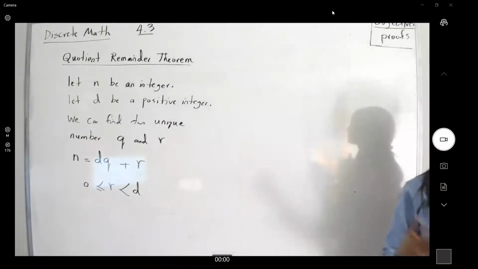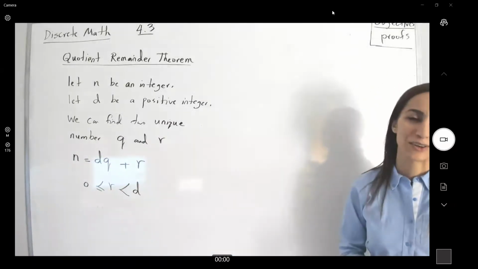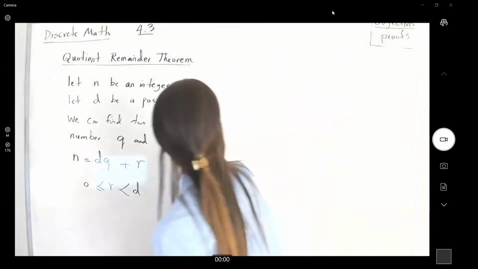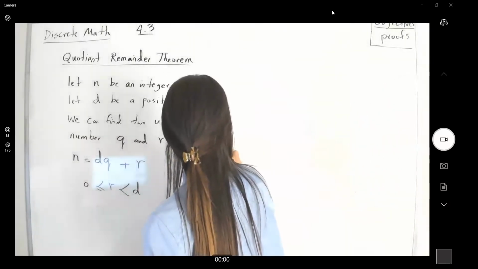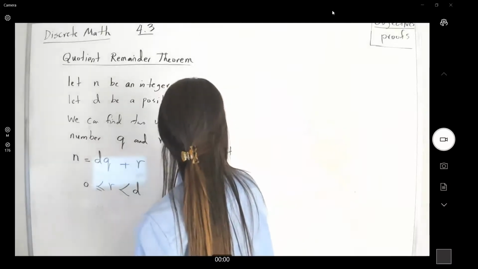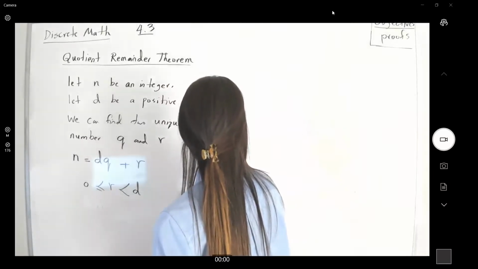Q is called the quotient, and R is the remainder.